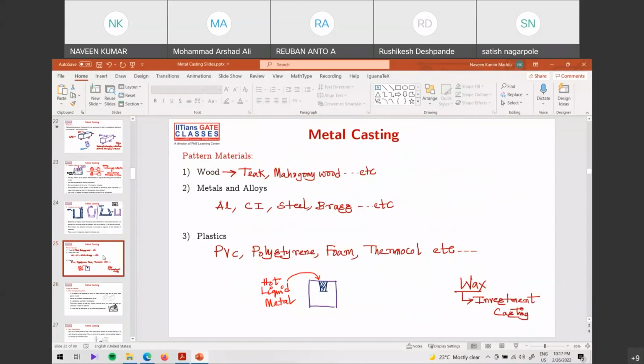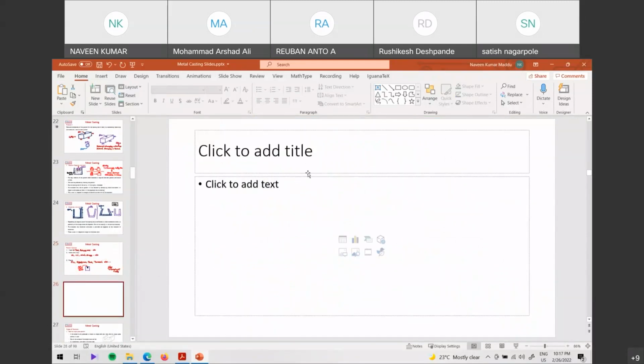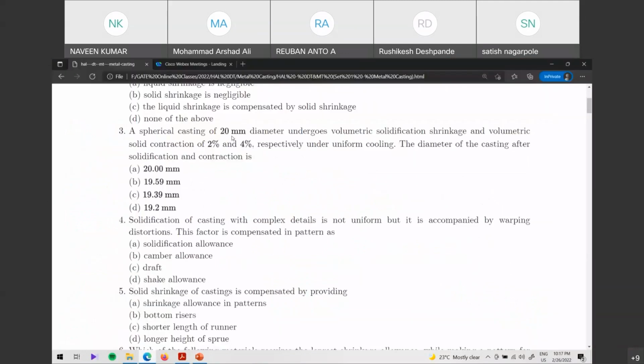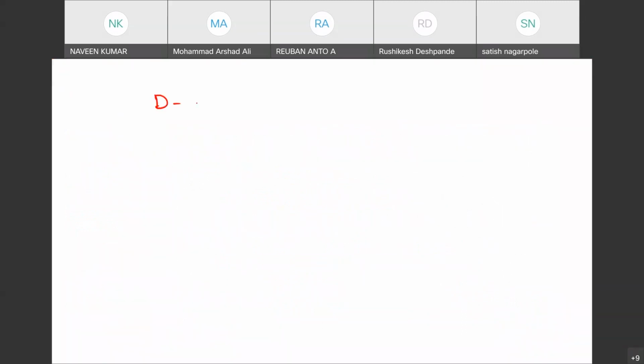I'll just take a new slide so that I'll be able to write the solution here. The diameter is equal to 20 mm, right?